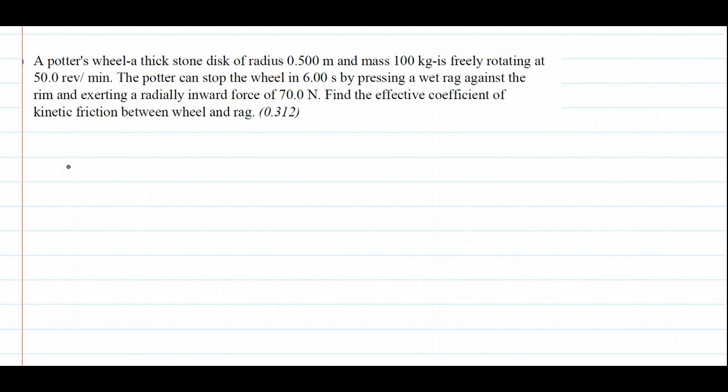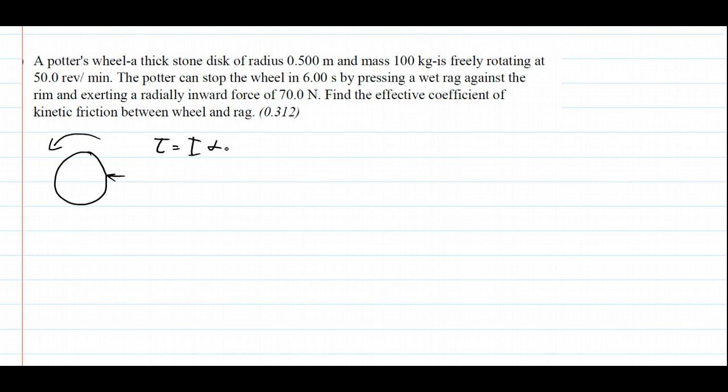So basically, we have a giant disc that's rotating, and then we are applying a force to the edge of the disc that's causing friction, that's causing the disc to slow down. And we want to know that kinetic coefficient of friction. So we can start with Newton's second law for rotation: torque equals I alpha.